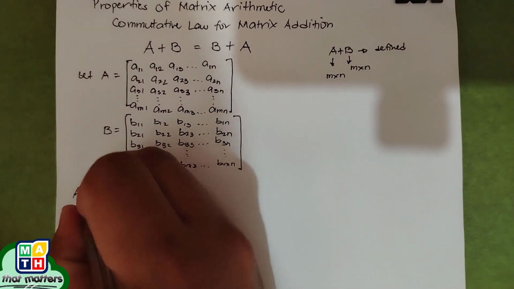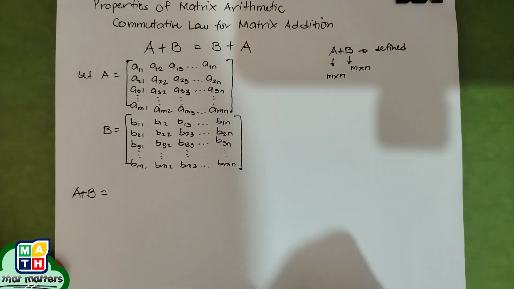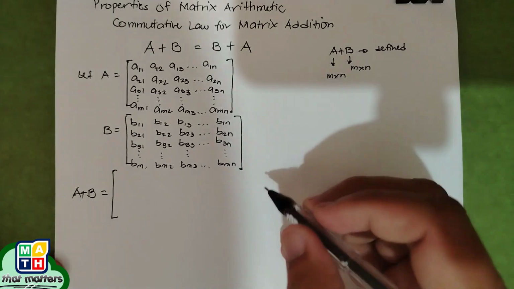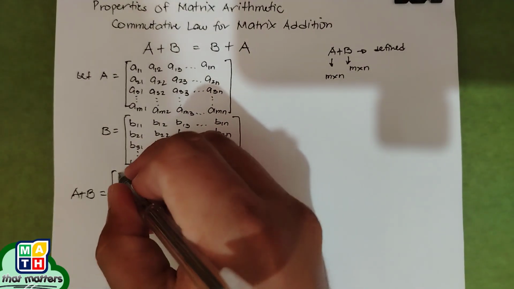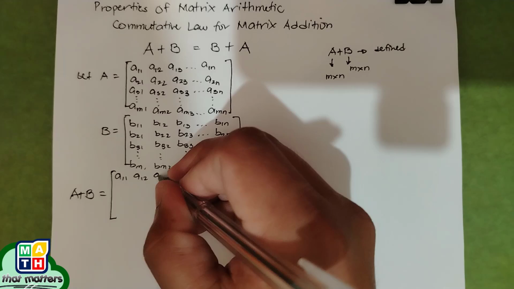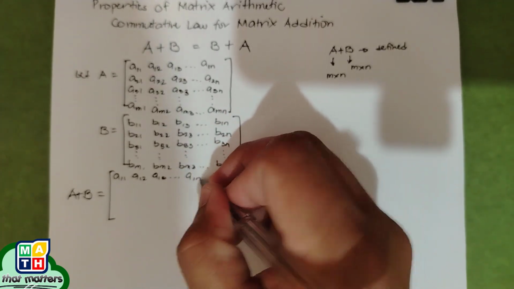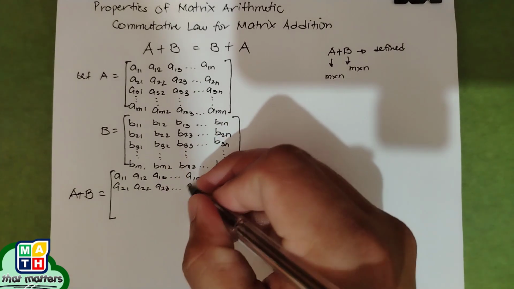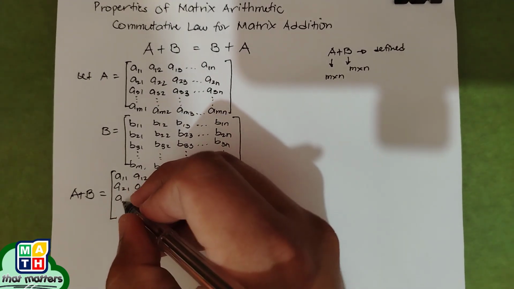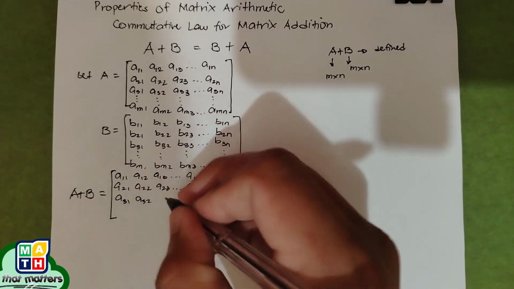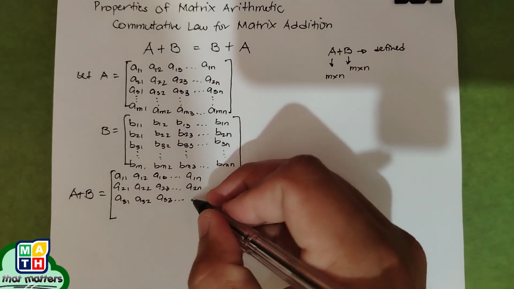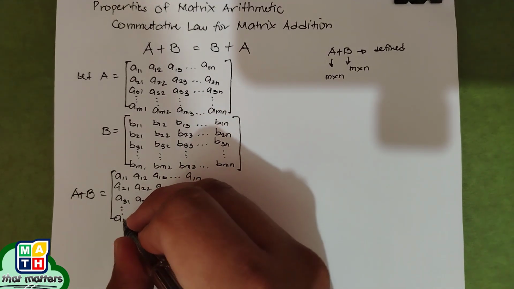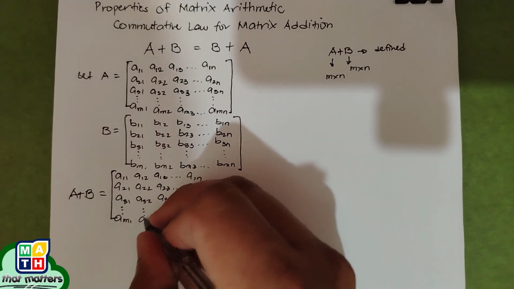Let's show that A plus B will reach B plus A later. So if you're going to have A plus B, of course, we're just going to add the representations of the two matrices. You have A11, A12, A13, A1n, A21, A22, A23. You see that it would take a lot of time because we are assuming this is true for all types of matrices, not just 2x2, 2x3, or whatever sizes.